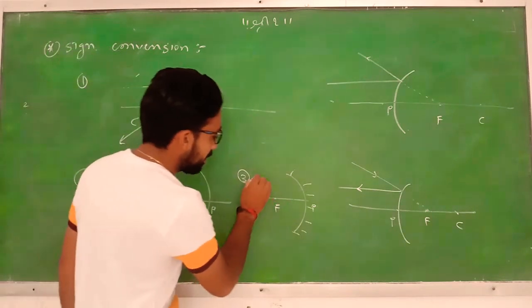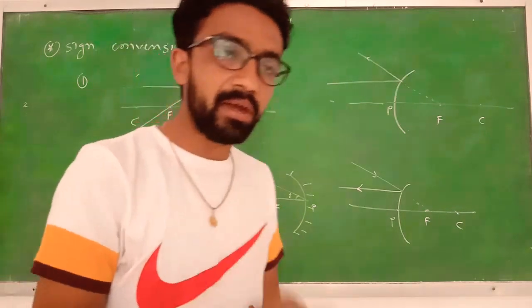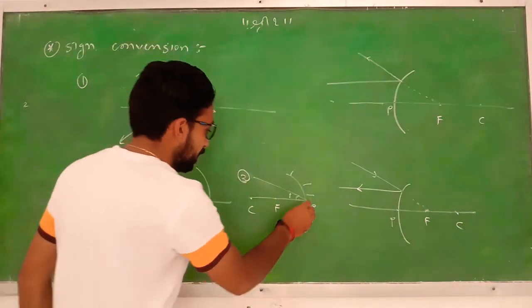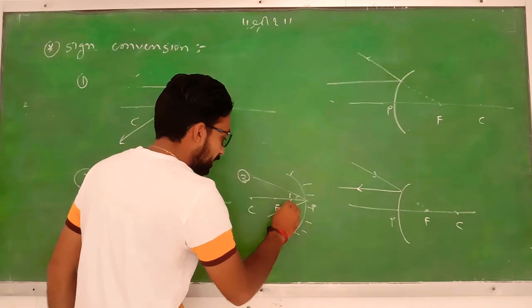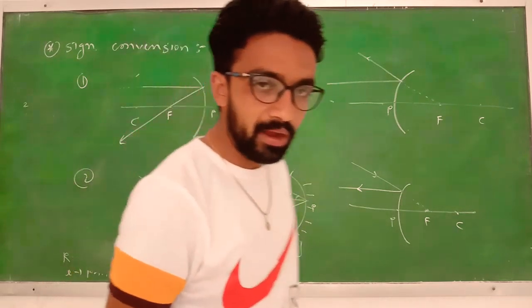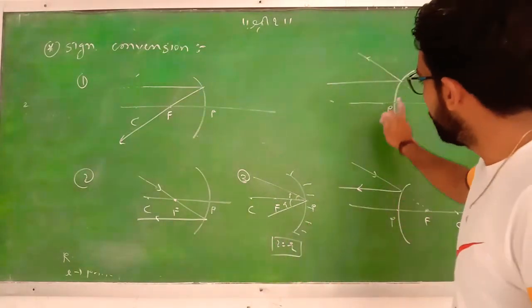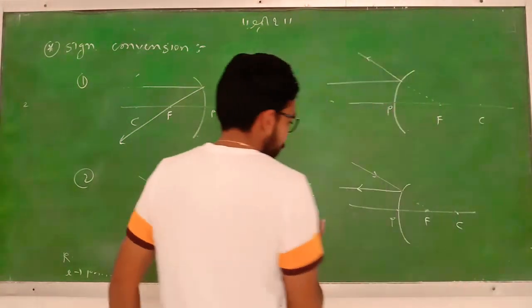Now when the incident ray is at some angle I, the reflected ray is reflected in such a way that it makes angle R equal to I. The incident angle and reflected angle must be equal to each other. The same thing happens here. Here we have drawn the same figures.